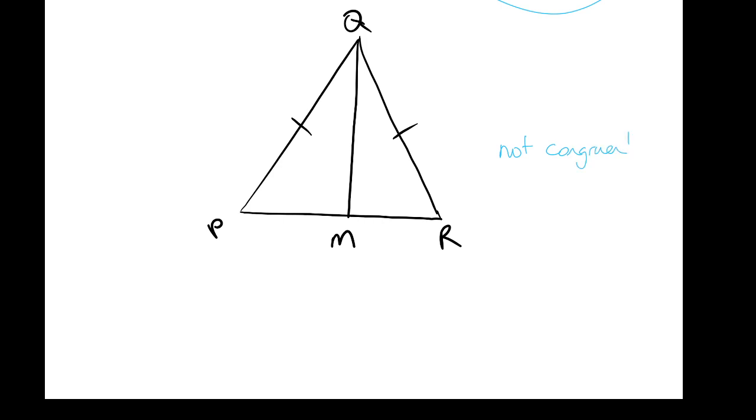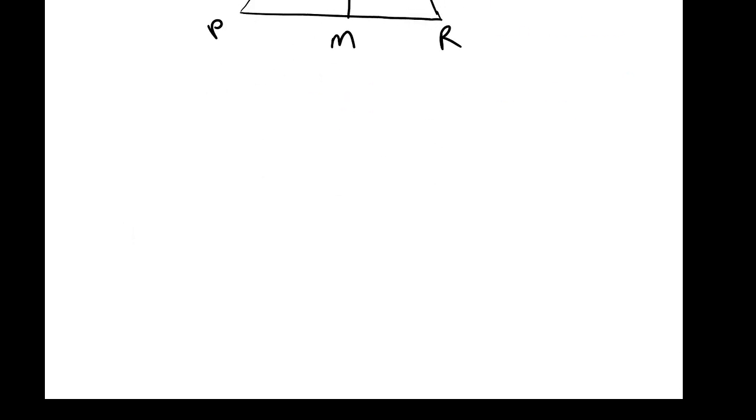Now you're thinking here, I hope you see automatically, boom, we have this reflexive side. Okay, that's great. But now we only have side, side. We either need an included angle, right? Or we need this third side, and we don't have that marked congruent. There's nothing that makes it congruent, okay? So that one doesn't work. Not enough information.